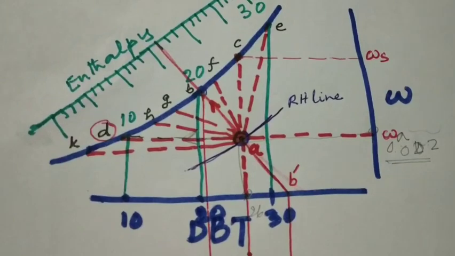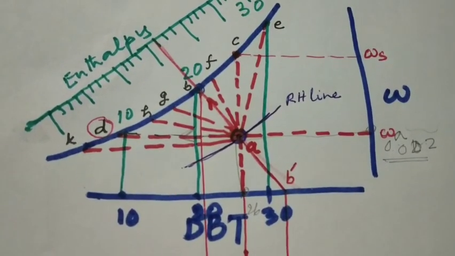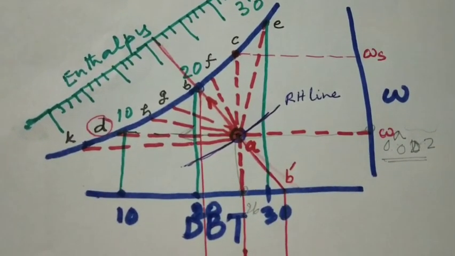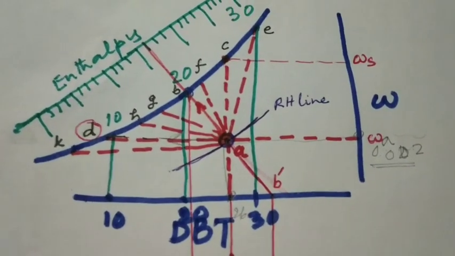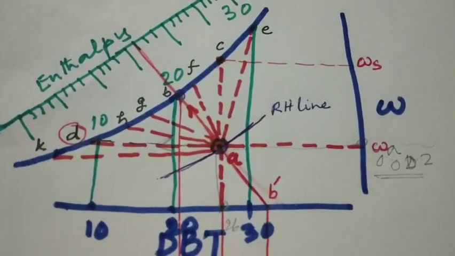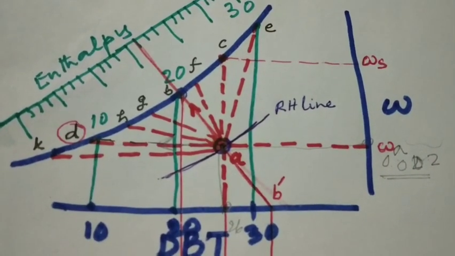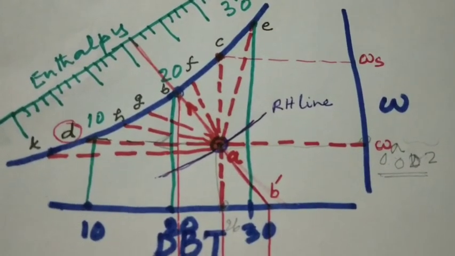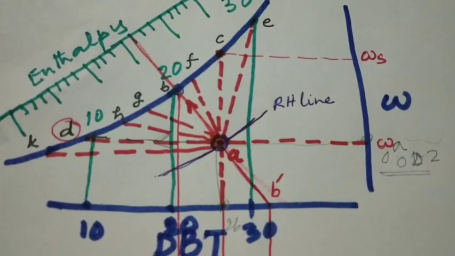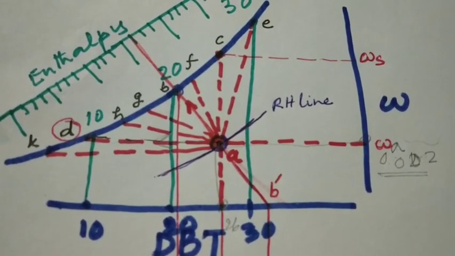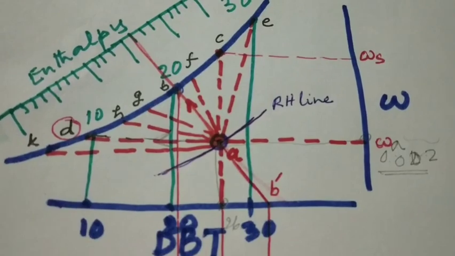The air consists of a portion of dry air, as I have explained in my video on dry bulb temperature, and that is the sensible heat of the air. If you listen to that video, then you will be able to understand what I am talking about. So air A consists of two parts: one is dry air and another is water vapor.